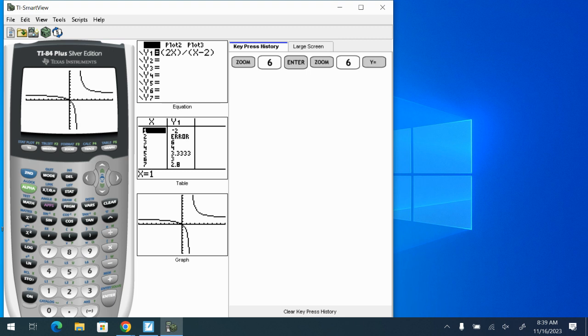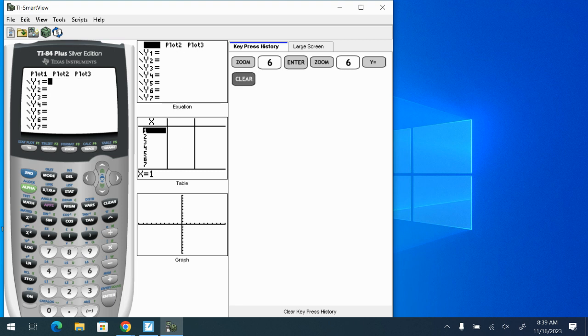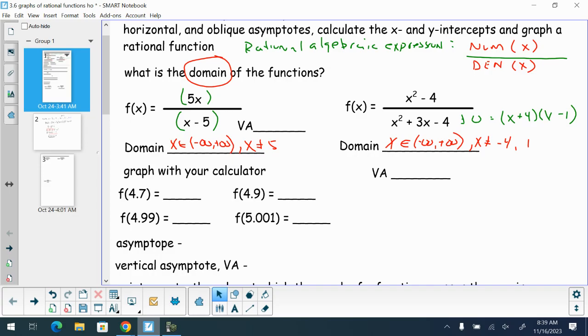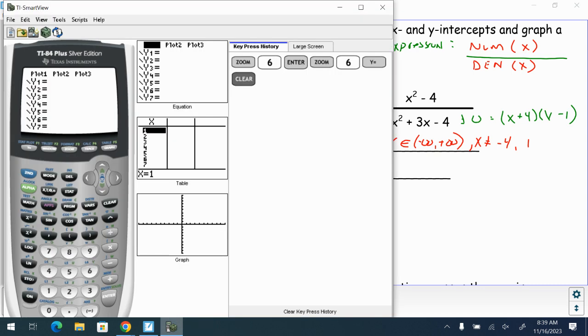All right, we can now go to our y equals. Clear out the fraction in your y1 if you have something in there. And I want you to enter quantity 5x on top, and quantity x minus 5 on the bottom. Make sure you put parentheses around both of them.